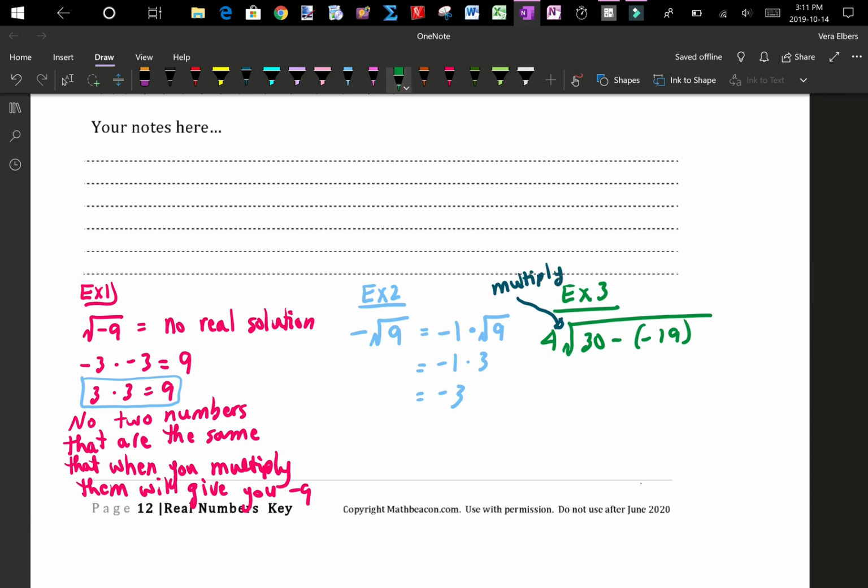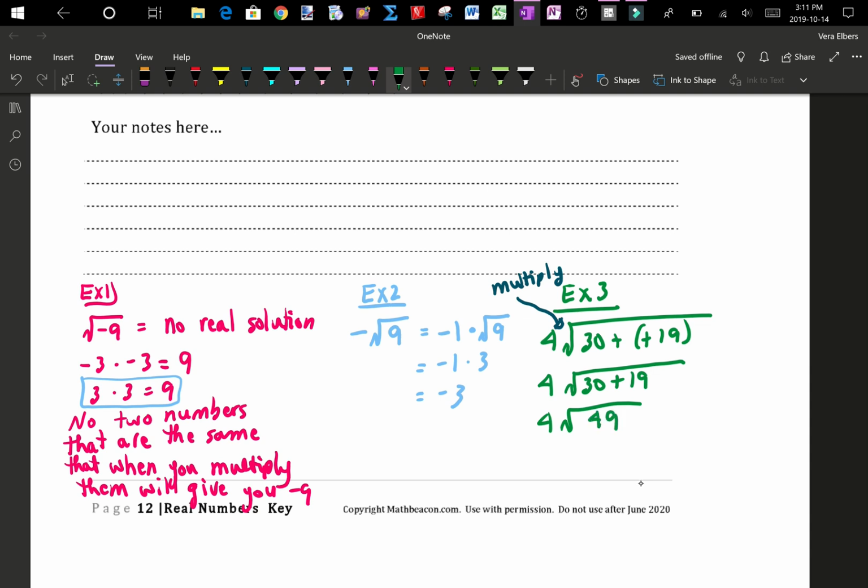So what the question is really asking you to do is go 4 times whatever is inside this bracket. Now, when you minus a negative number, that means you are going to add, so it's really 30 plus 19 inside the bracket. And 30 plus 19 is 49.